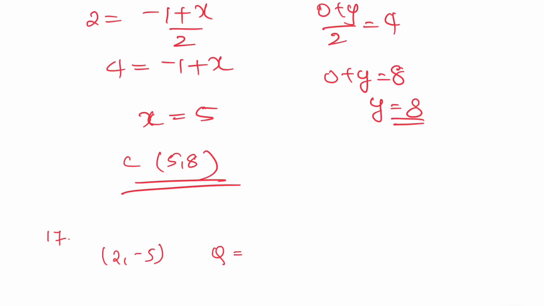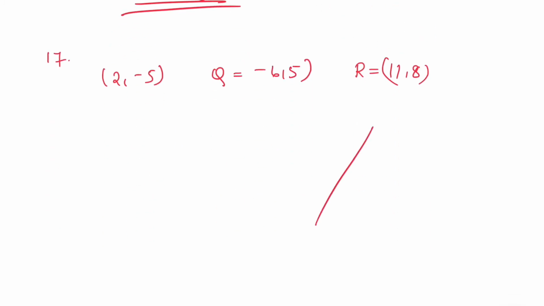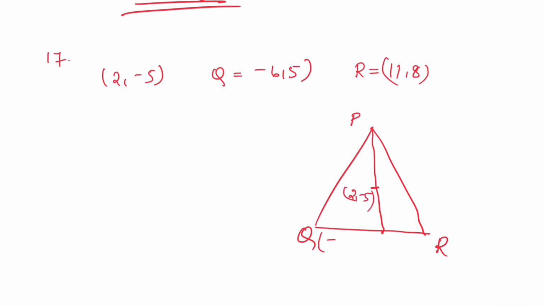If Q is equal to (-6, 5) and R is equal to (11, 8), calculate the coordinates of P. You need to find the coordinates of P. So if I have a triangle like this, PQR, it's clearly given that the coordinates of the centroid are (2, -5), and Q we have (-6, 5) and R is (11, 8).